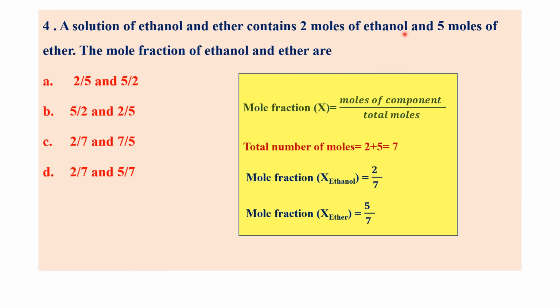And the mole fraction of ether, number of moles of ether are 5. So we will put here 5 divided by total number of moles that are present in a solution is 7. So 5 by 7 is the mole fraction for ether. Now among these answers, 2 by 7 and 5 by 7 is the correct answer.